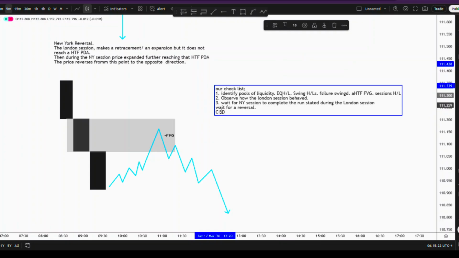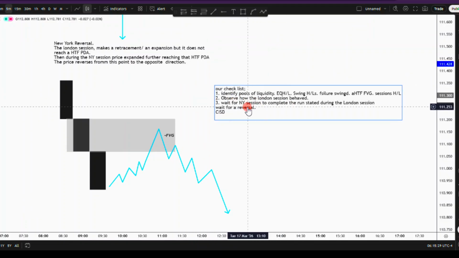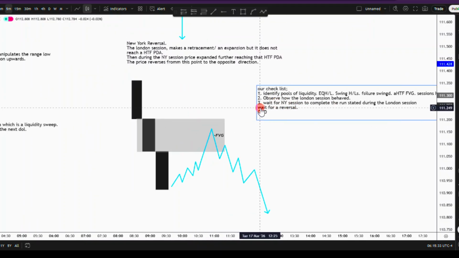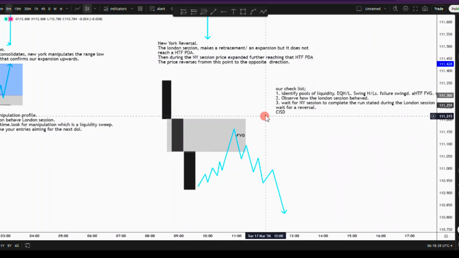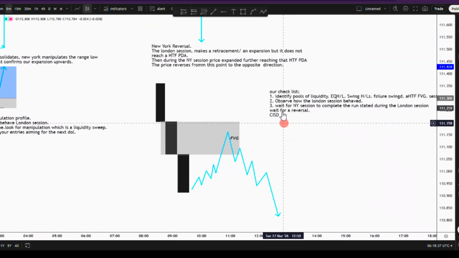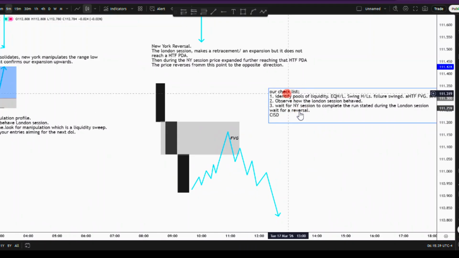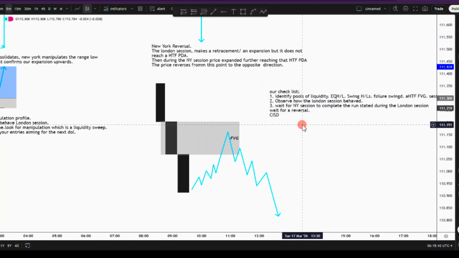CSD. Then you take your entries. So you have to wait for this. The best setups usually occur between 8:30 and 11 a.m. This is because there is a lot of volatility in this session, so you'll have to observe during that time window.